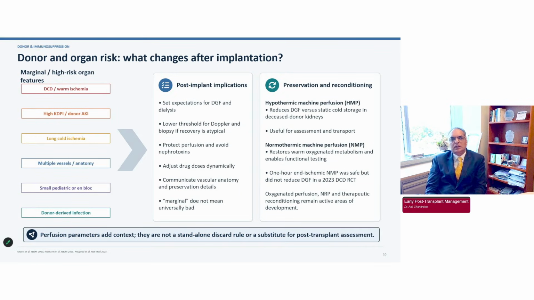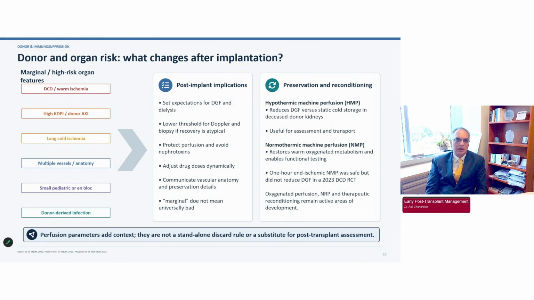So if we think about what the donor risks are specifically: donation after cardiac death, particularly if there's a prolonged warm ischemic time, a high KDPI kidney, or evidence of donor AKI. Those kidneys are more likely to have delayed graft function.